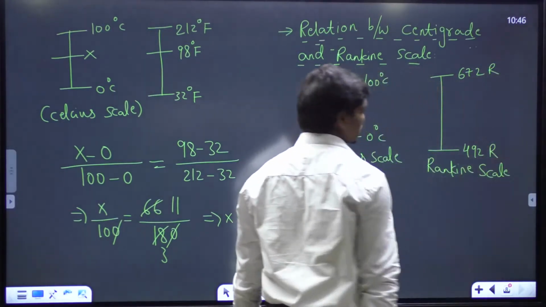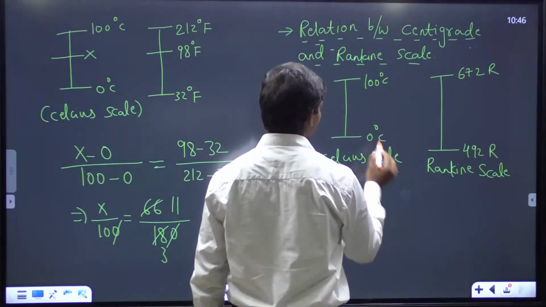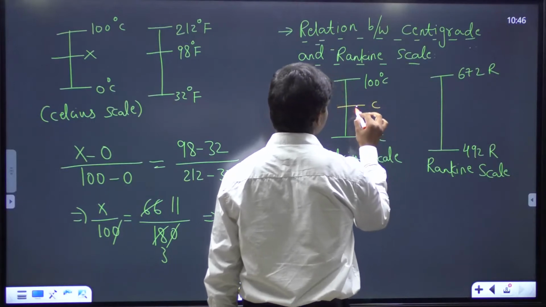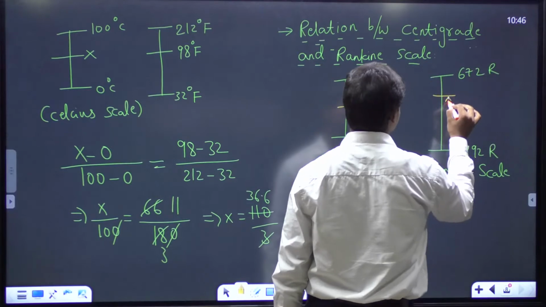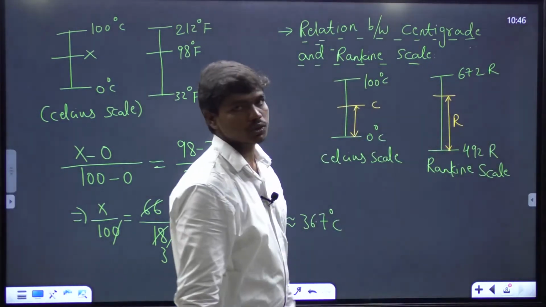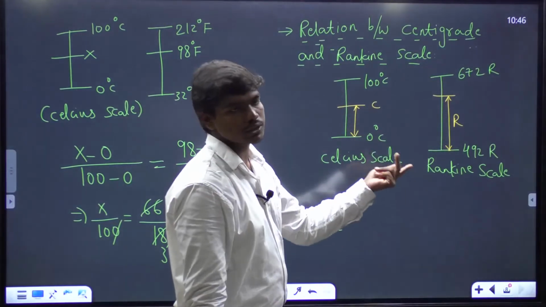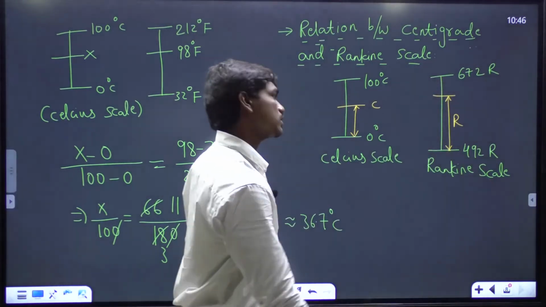Now let us suppose this scale is reading a value equal to C, and this reading on the other scale corresponds to R. Basically, if two scales are showing two different numbers, of course they'll show different numbers because the lower and upper fixed points are not the same, correct?